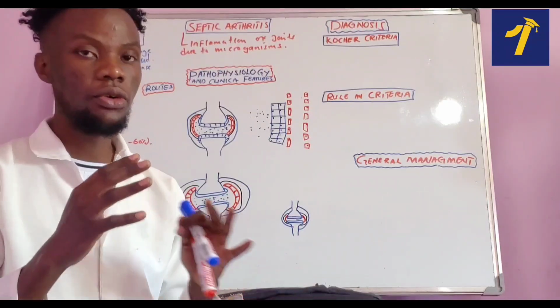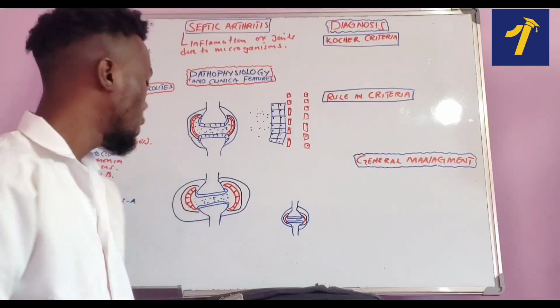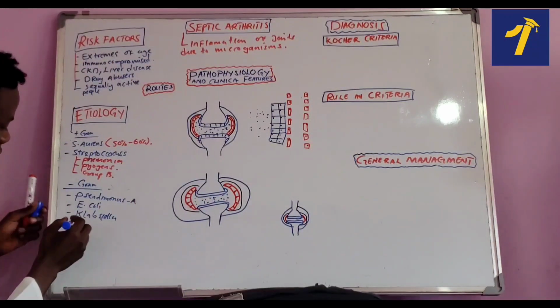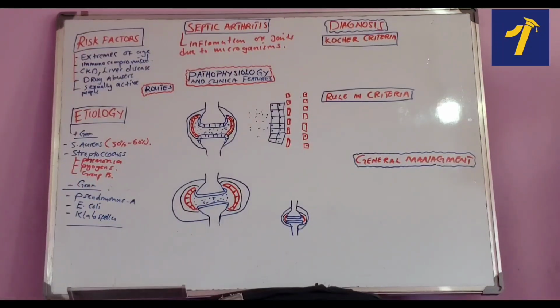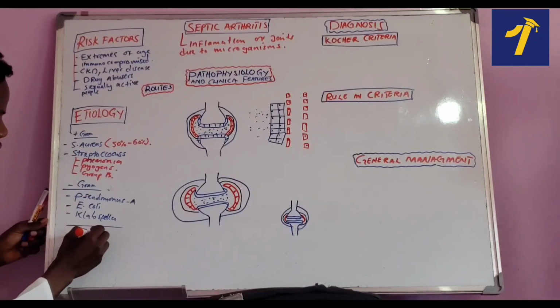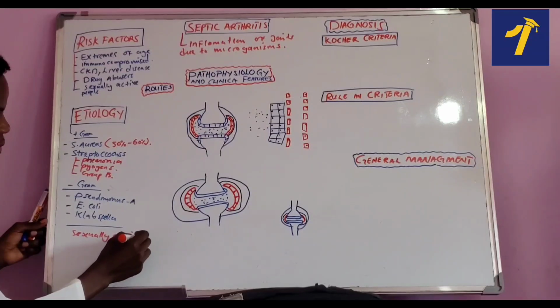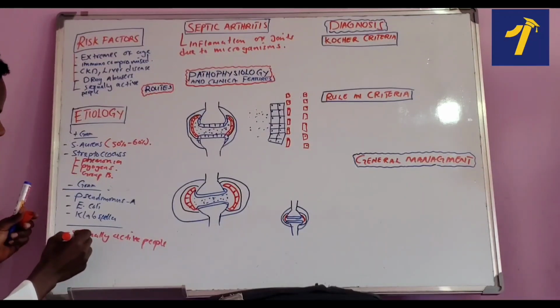So you need to know the gram-positive and the gram-negative bacteria. And the other one that I can write here, remember what I talked about? I said in sexually active people, what do you think the causative agent is?